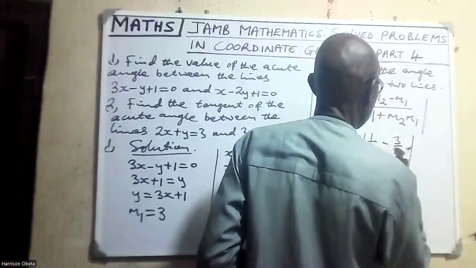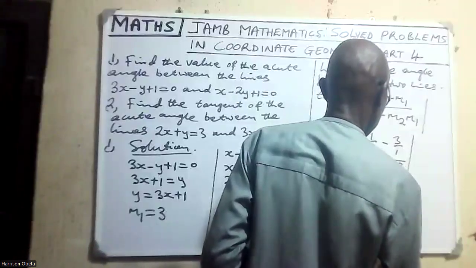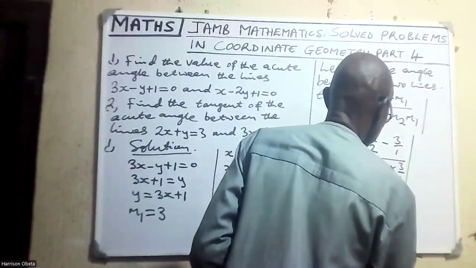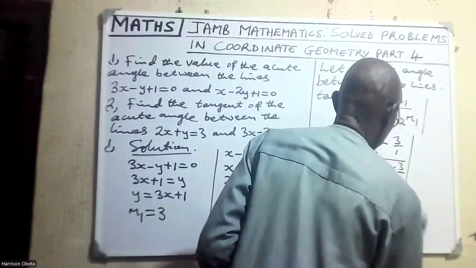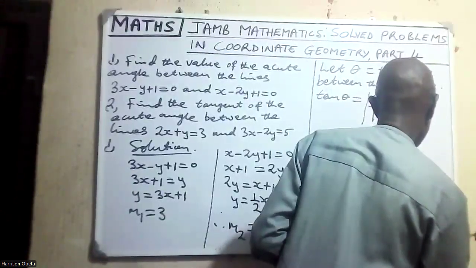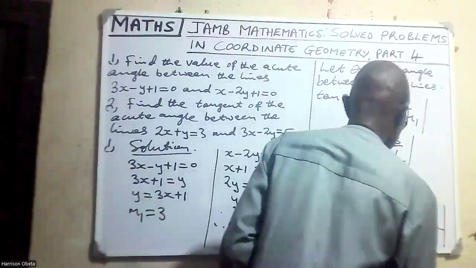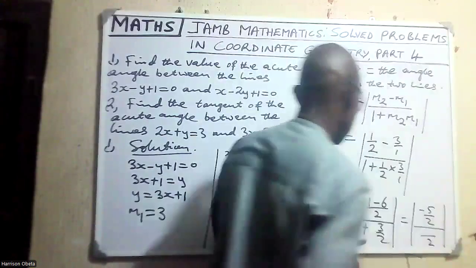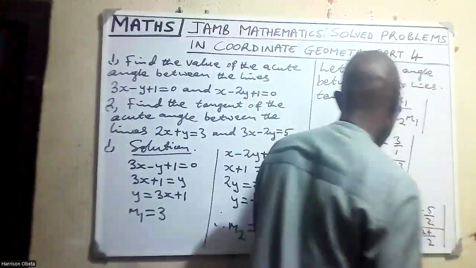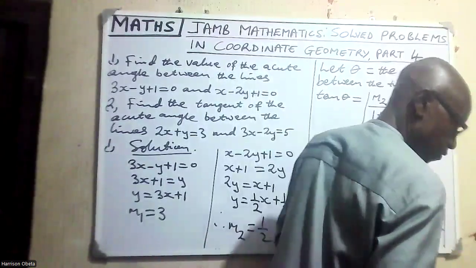Half minus 3 becomes 1 minus 6 over 2, which is minus 5 over 2. For the denominator, 1 plus 3 over 2, the LCM is also 2, giving us 2 plus 3 over 2, which is 5 over 2.